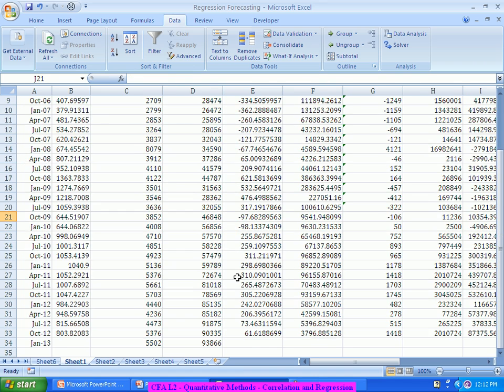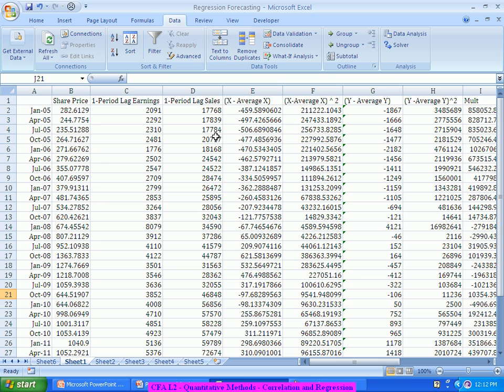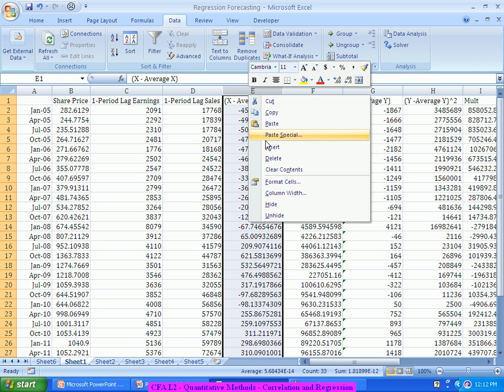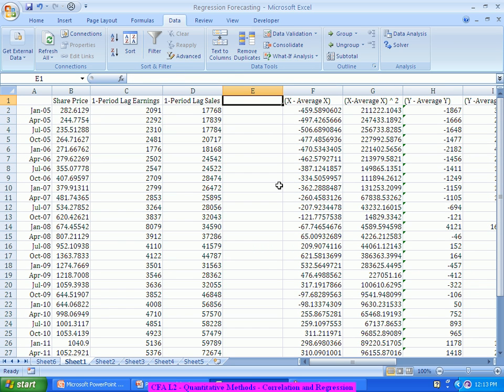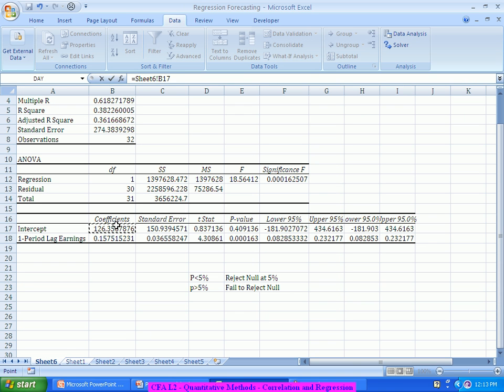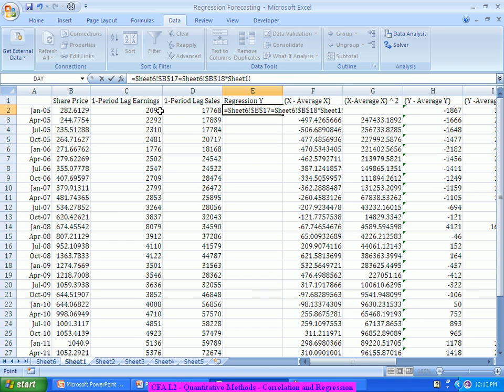Okay, so let me go back. I have these x and y's. I'll insert one more column, regression y, which comes out using that equation: 126 plus 0.15 times the x. X in my case is this number.